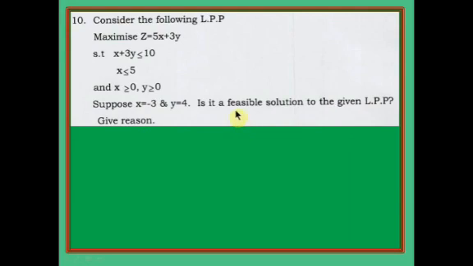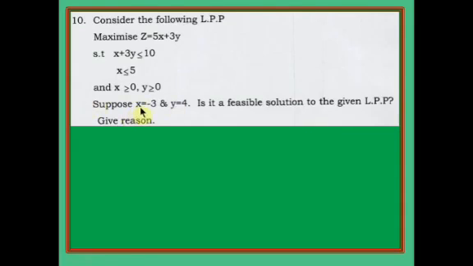We know already feasible solution is nothing but the region which is satisfied by all the constraints and non-negativity restrictions. Non-negativity restrictions in the sense the decision variables should have positive values. Negative values should not be there.